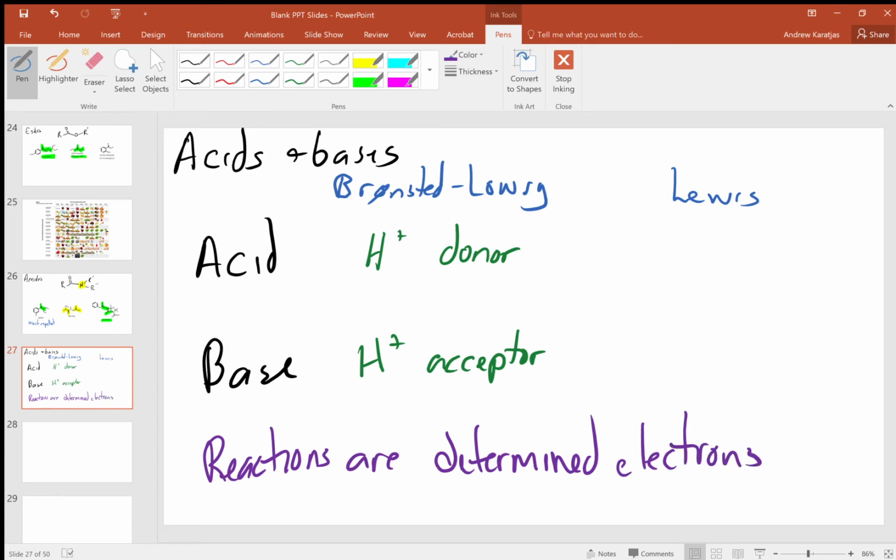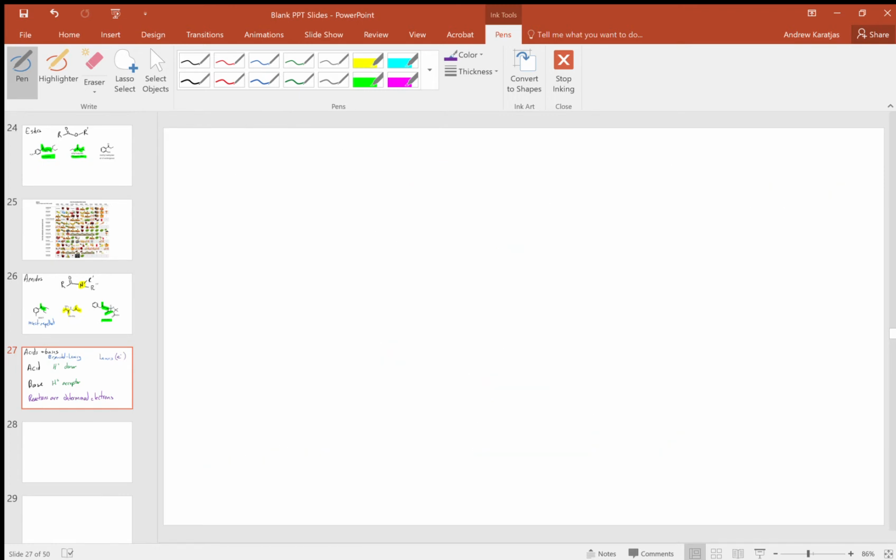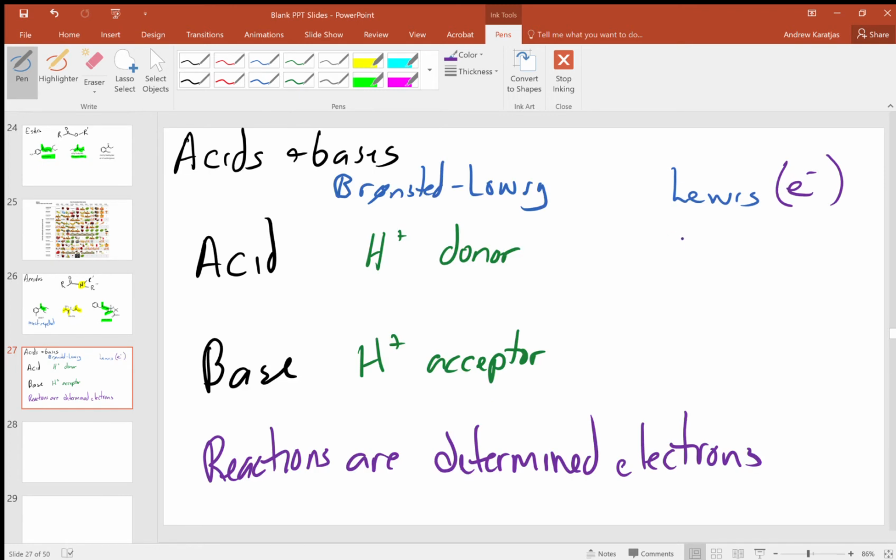Electrons make up our bonds, and so as bonds form and as bonds break, that's all related to the electrons. So the Lewis definition gives us an acid-base definition based on electrons. It tells us that an acid is an electron pair acceptor, and a base is an electron pair donor.